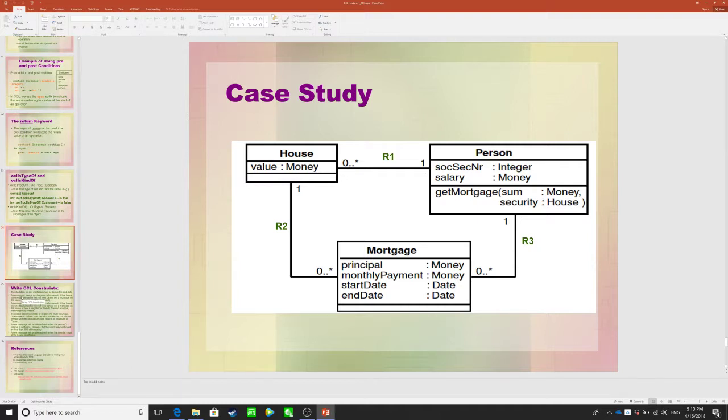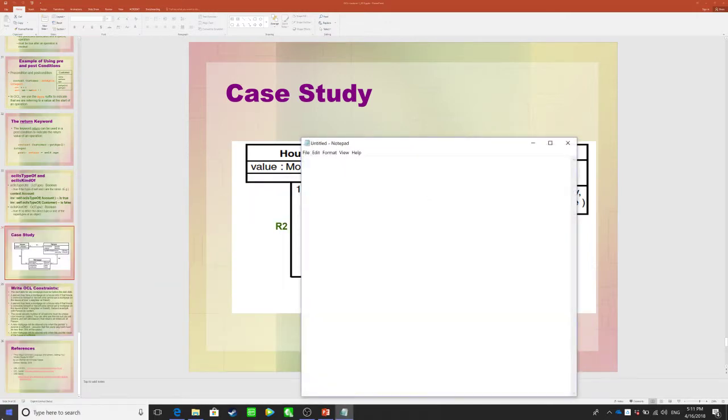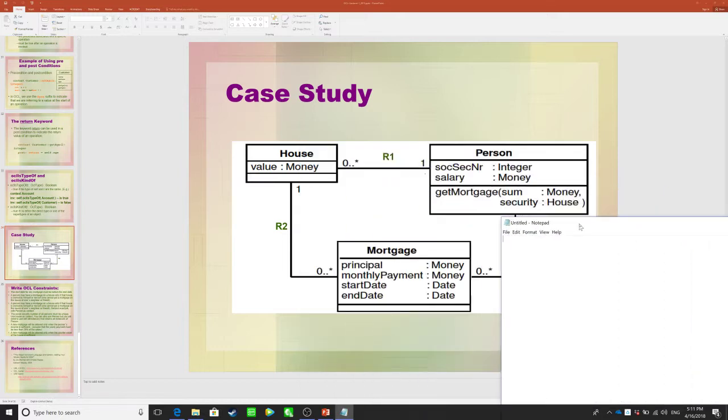Social security number should be unique. We use the house as a context. Okay, so what we do is context as a house, right? Invariant. So that's a problem.